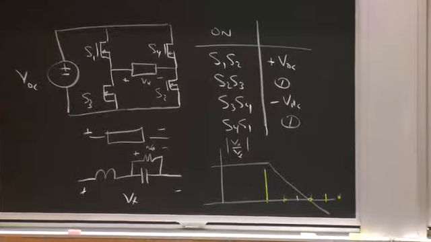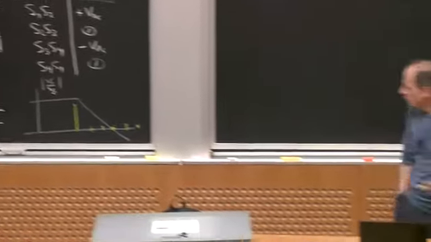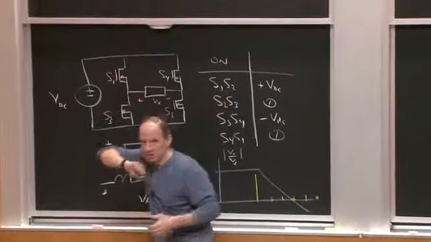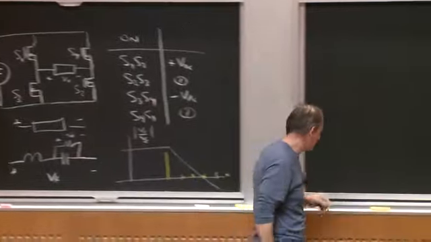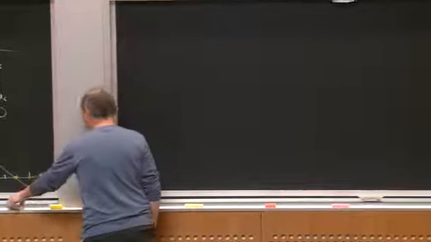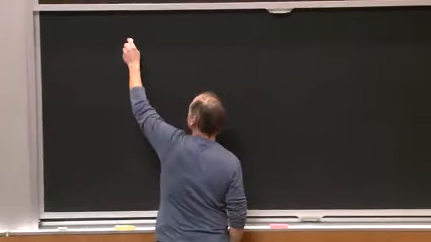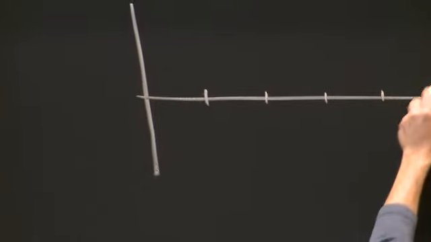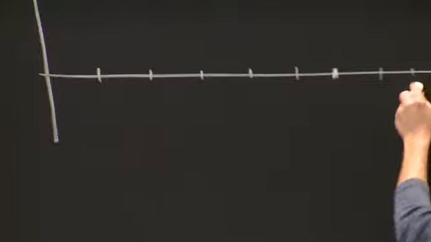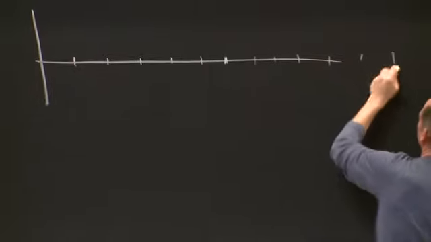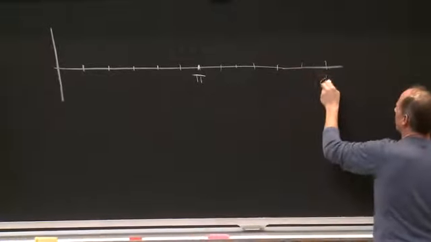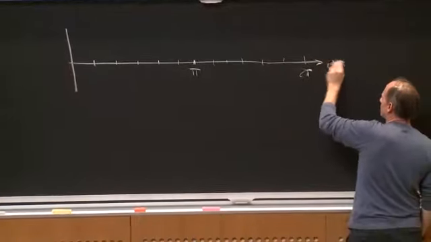What we saw last time was one more trick. We said, I can synthesize 0, plus, and minus. If I only switch once per cycle, I can create a waveform that looks like this. Okay, so if this is pi, this is 2 pi, this is some angle omega t.